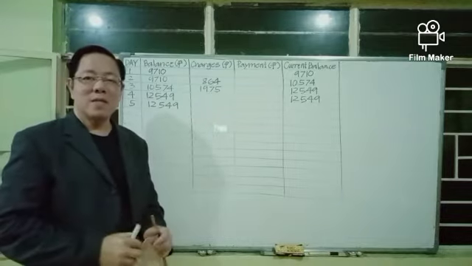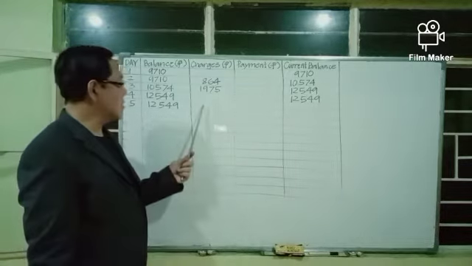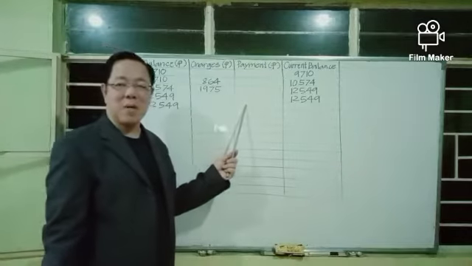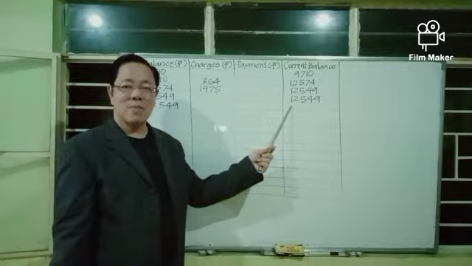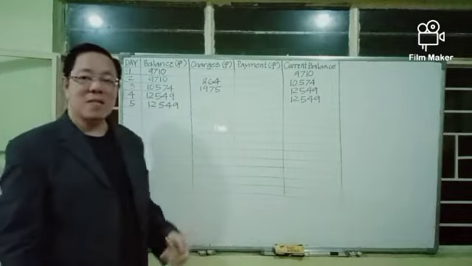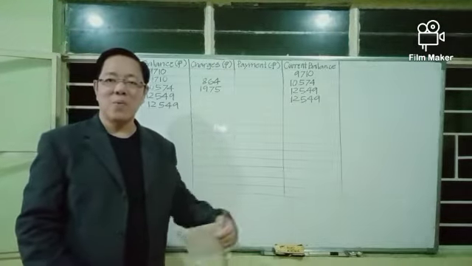And again, Ninya did not use her credit card on November 5, and she made no payment to the bank on November 5, and her current balance would remain 12,549 at the end of November 5.